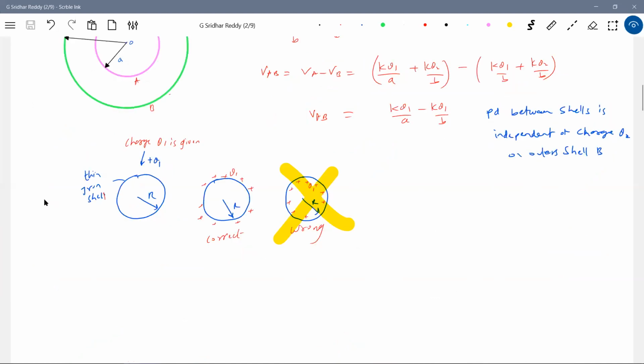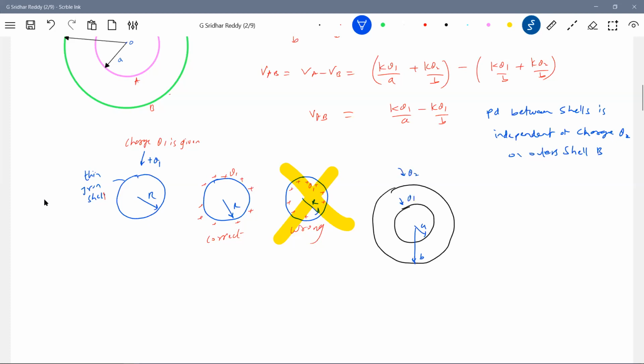Okay, now again, let me go back to the same idea. There are two shells. They are given charges Q1, Q2, the same thing. Why the charge minus Q1, plus Q1? This is shell A, and shell B, a little bit thick, I'll make it.